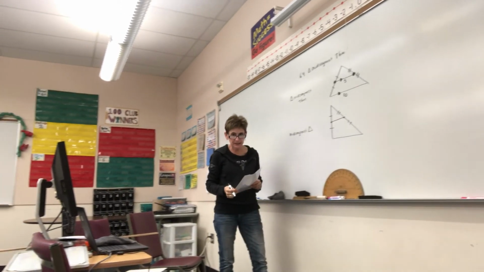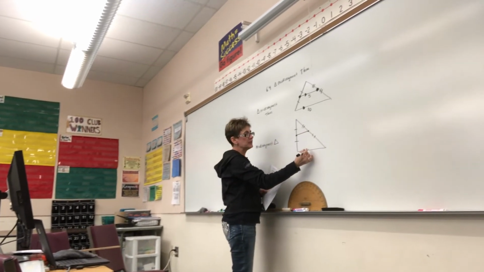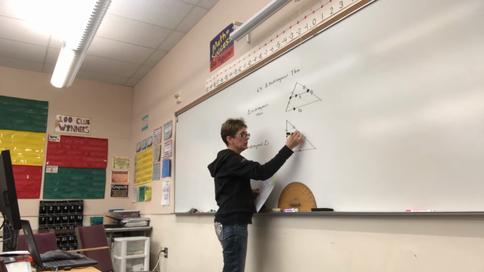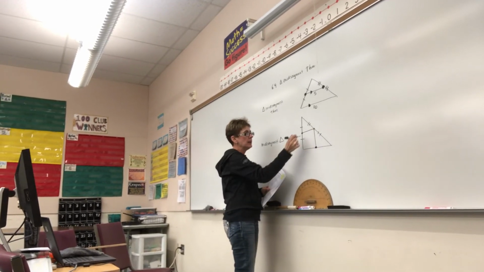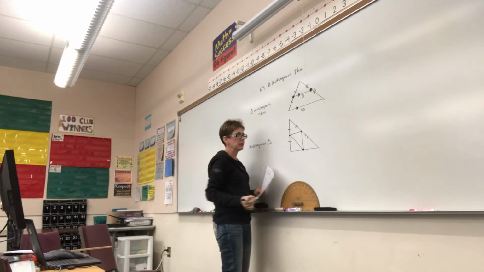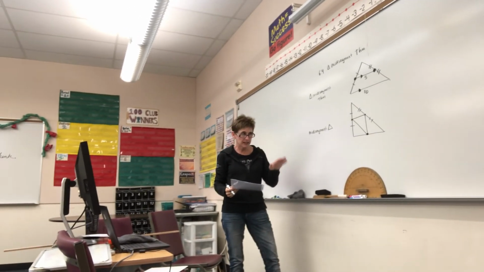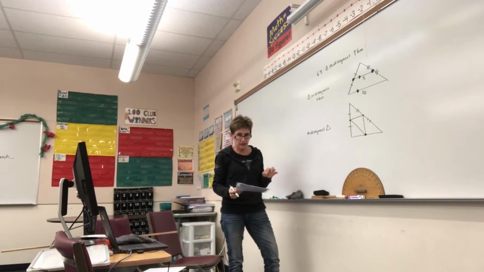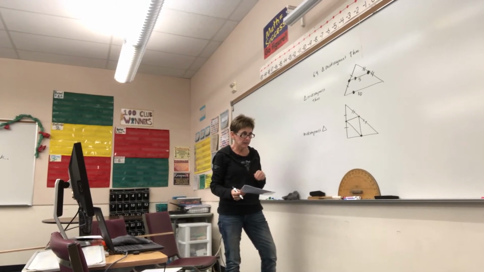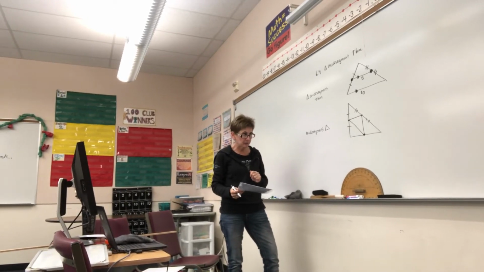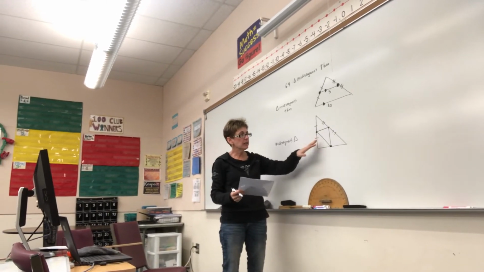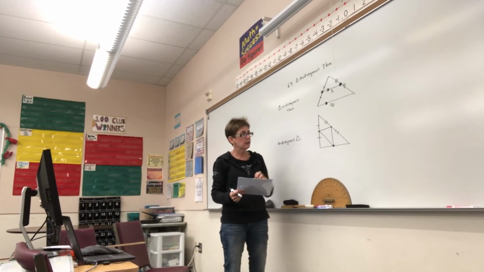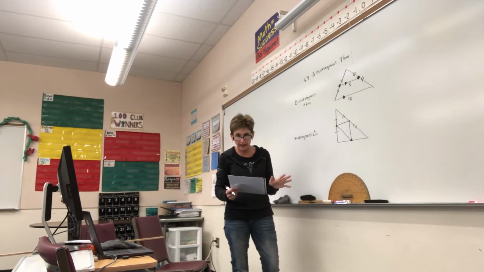That will be one mid-segment. But we could also do the same down here below. Draw another mid-segment, and then we could also do this mid-segment here. All 3 mid-segments will be parallel to the side that does not include their midpoints. And this is kind of like a triangle inside a triangle, so we call it the mid-segment triangle.